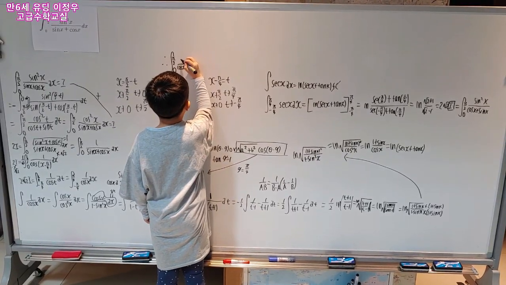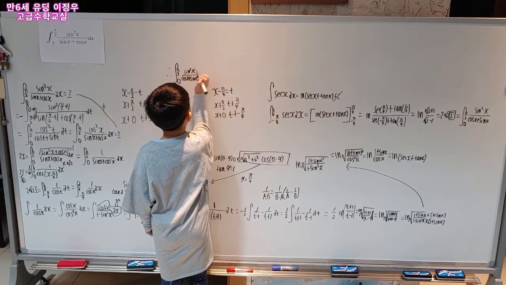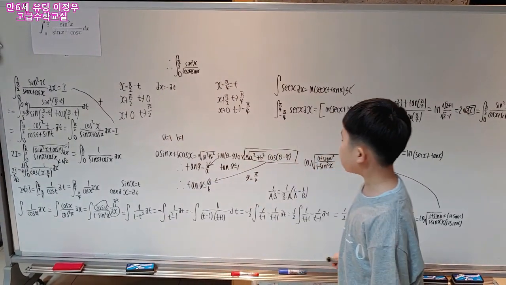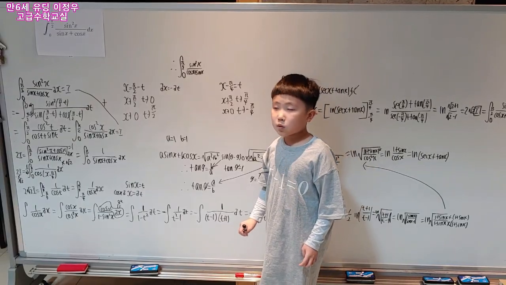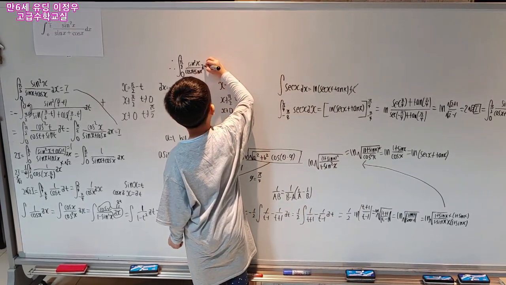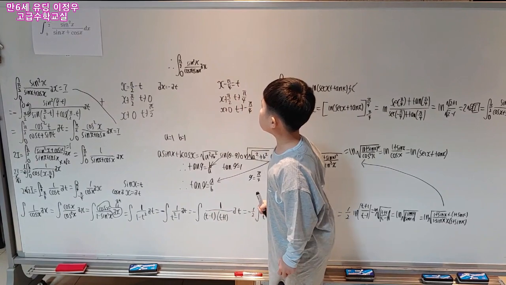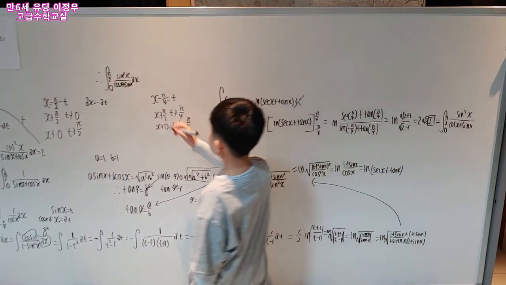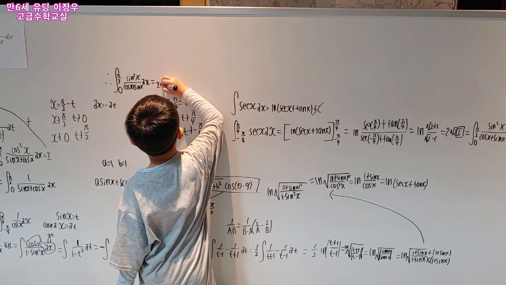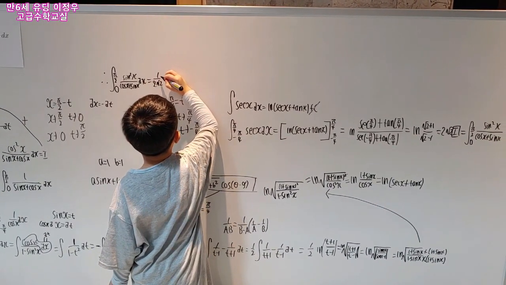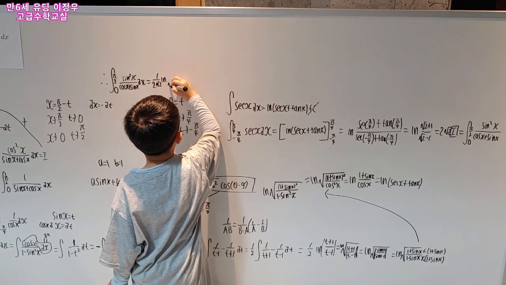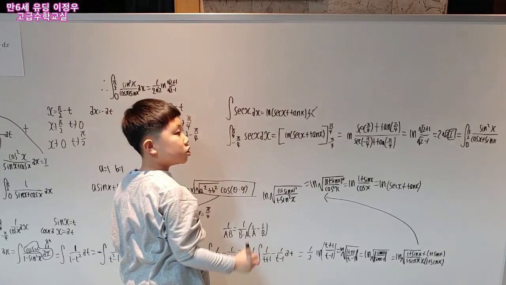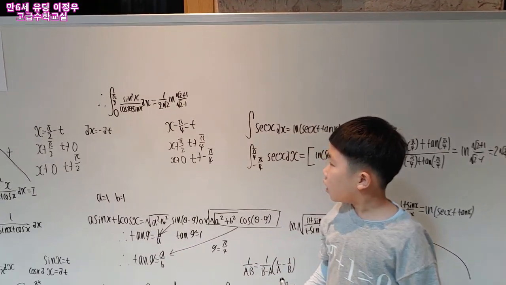So I is this: the integral from 0 to pi over 2 of cosine x and sine square x over cosine x plus sine x dx equals 1 over 2 root 2 ln of root 2 plus 1 over root 2 minus 1.